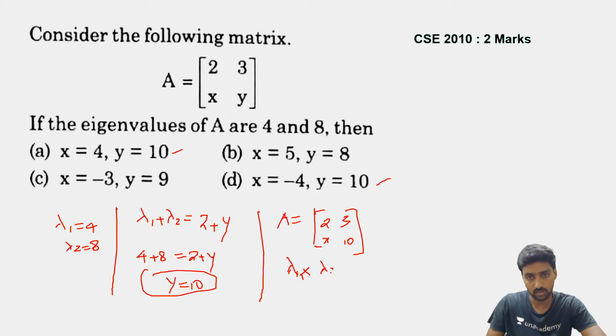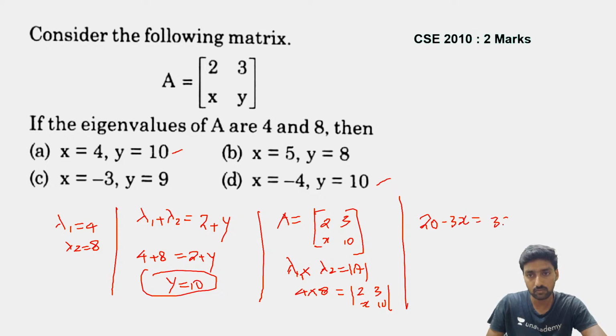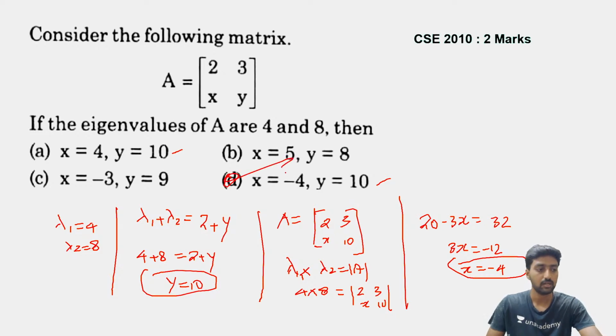Lambda 1 into lambda 2 is equal to the determinant of A. Therefore 4 into 8 is equal to the determinant of 2, 3, x, 10, which is 20 minus 3x, equal to 32. Now 3x is equal to minus 12. x is equal to minus 4. Therefore x is minus 4, y is 10, and this will be the right answer for this question.